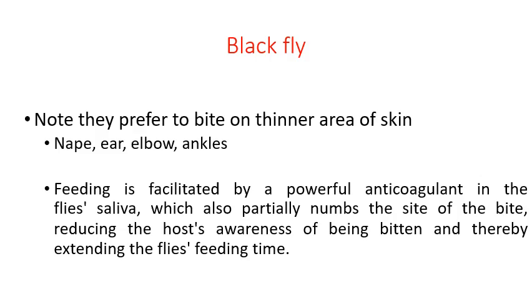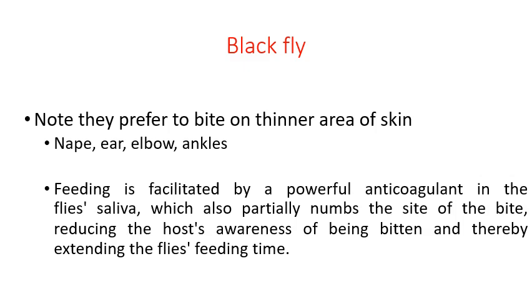Female black flies particularly target thin areas of the skin. So that's why you can see a lot of bites on the nape area, the ear, the elbow, and the ankles. Okay? And then I want you to take note that feeding is facilitated by a powerful anticoagulant in the saliva. Aside from the anticoagulant, there's also that chemical that can actually partially numb, okay, the bite site.